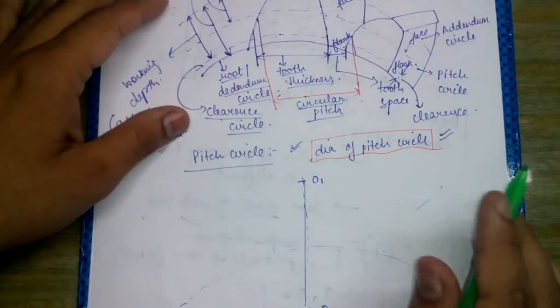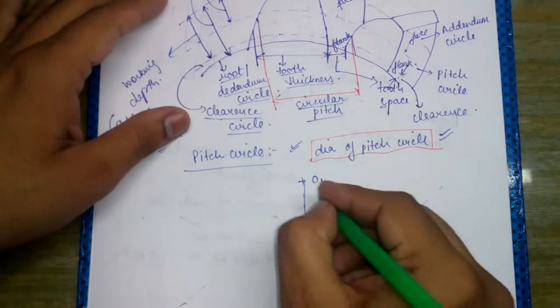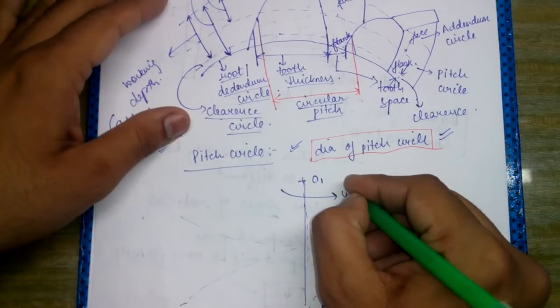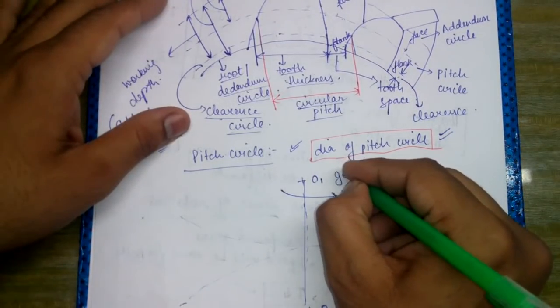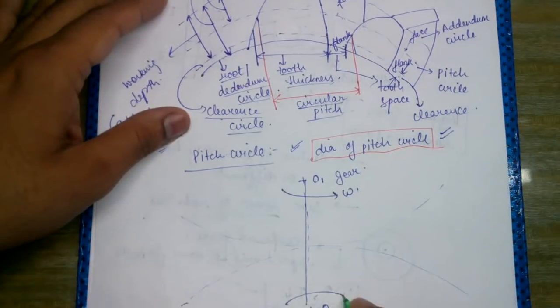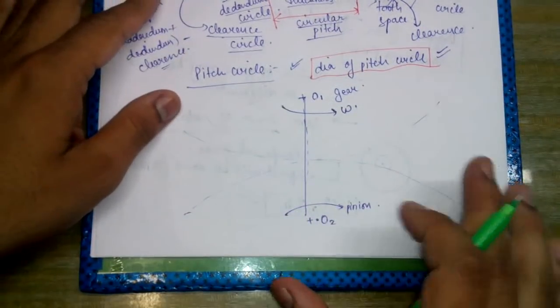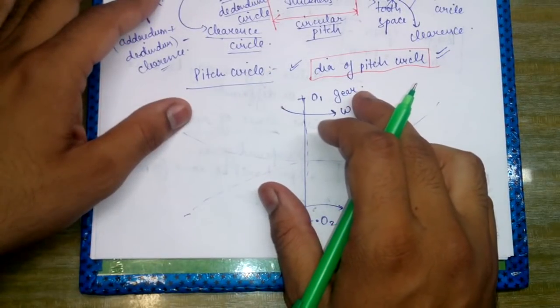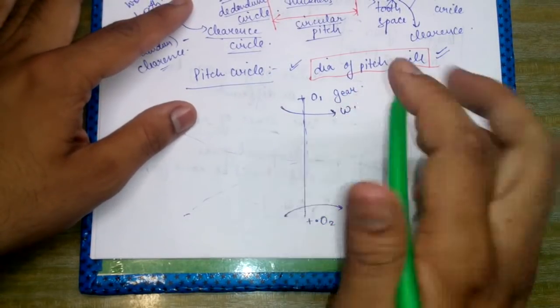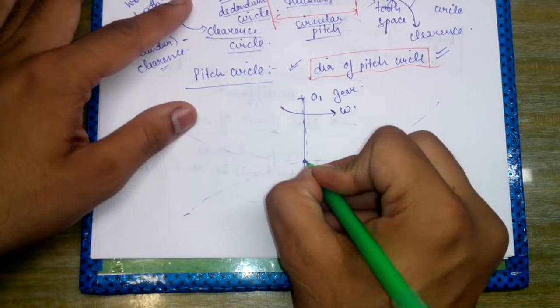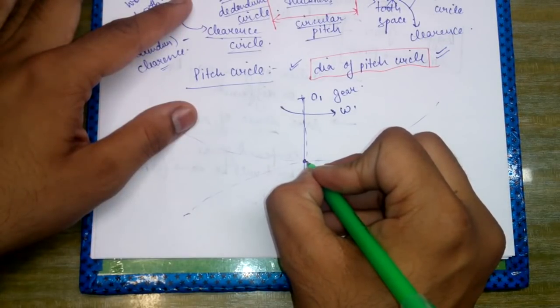Yes, this is the line. So this is gear number 1, rotating with velocity omega 1. This is the gear, and the lower one is the pinion, and we know that the pinion is actually the driver and the gear is actually the follower. So this point is called the pitch point.